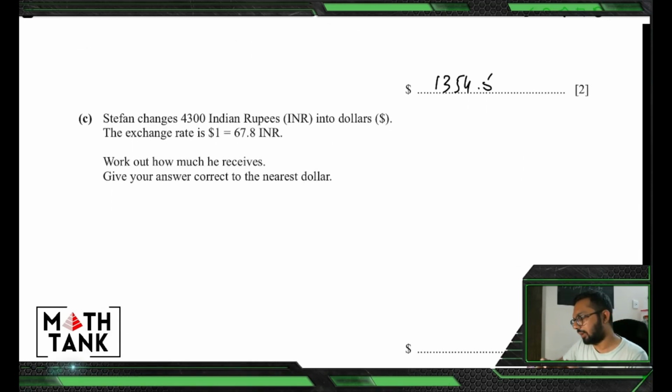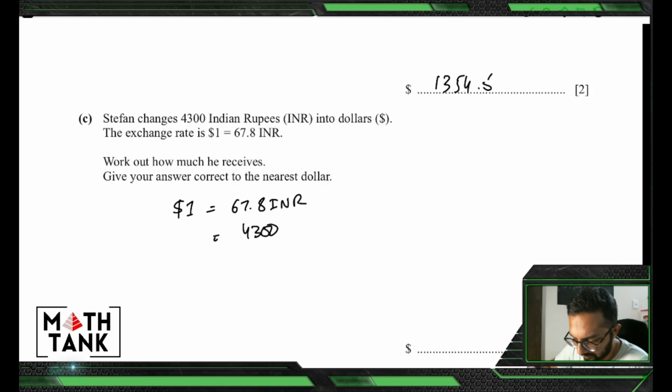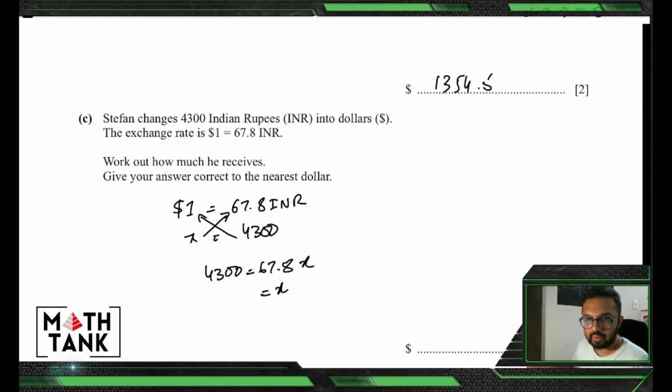There's this: Stefan changes 4,300 Indian rupees into dollars. The exchange rate is this. Calculate how much he receives. That's fairly simple. So 4,300 and an X here. Cross multiply, so X equals 4,300 divided by 67.8.